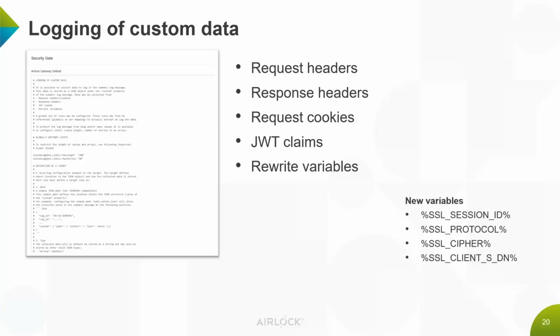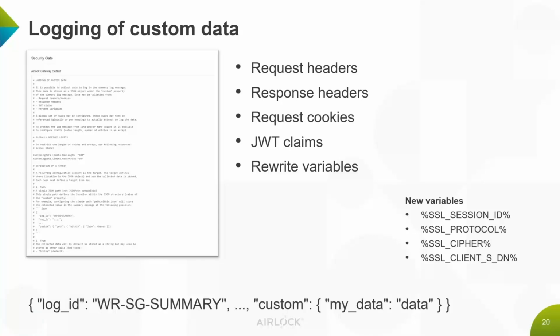We also introduced new variables with SSL session ID, protocol, cipher, and client SDN, which you can then use as rewrite variables. This means your summary log message now has a new key, custom, and with this expert setting, you can control what value is logged in this custom log field.